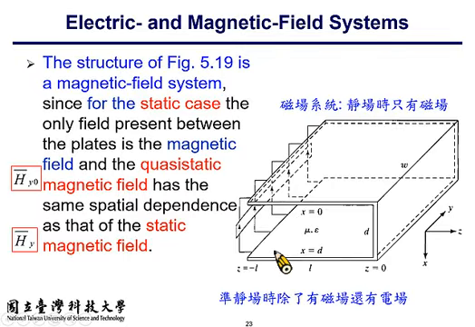We know that it's an inductor, so it falls into the category of magnetic field system, because for the static case, the only field that appears within the structure is the magnetic field H. So you have Hy sub 0. This is the predominant term in this structure.